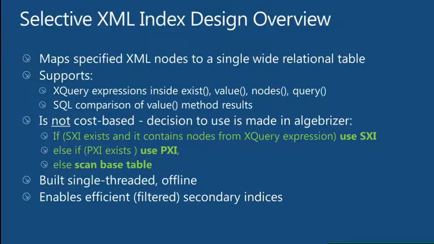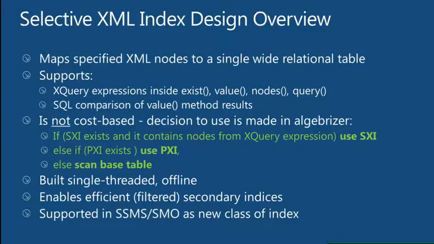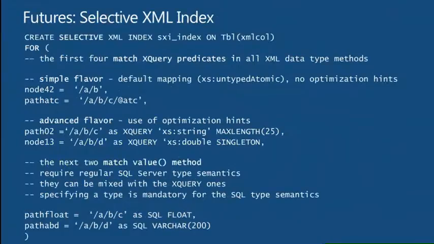And you can define secondary indices on it that give you more performance, because it's basically a filtered index on each one of these promoted columns, making sure that it's not null, which gives you more performance if you have lots of semi-structured data in that index. It's also supported, of course, as a new class of index, so you will be able to use all the tools. This is how the syntax looks.